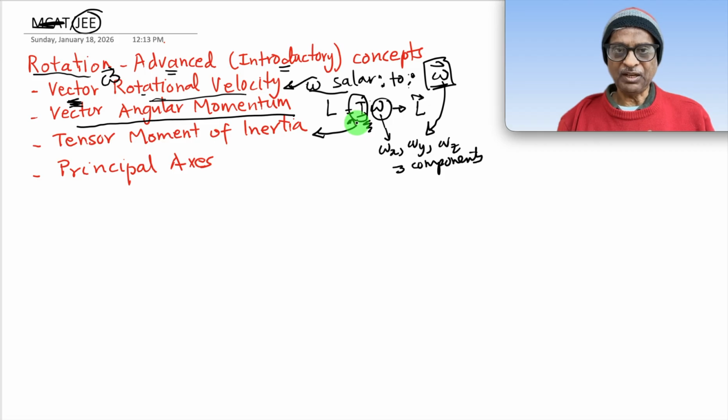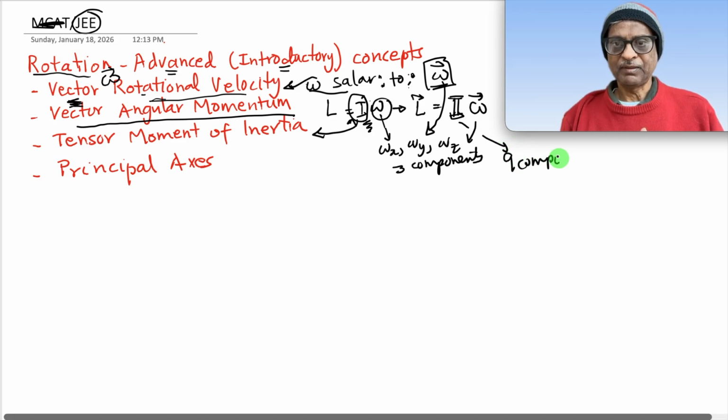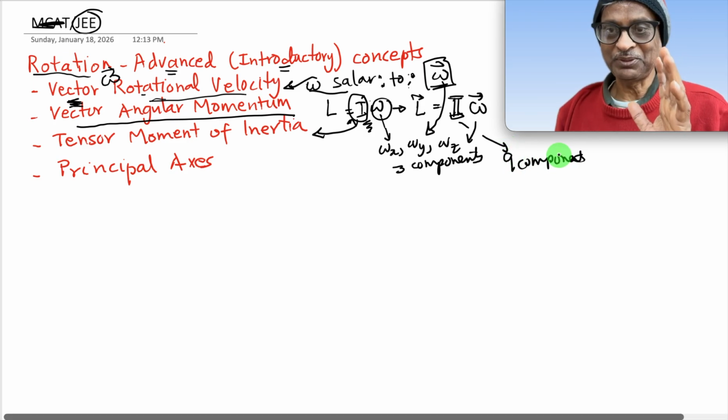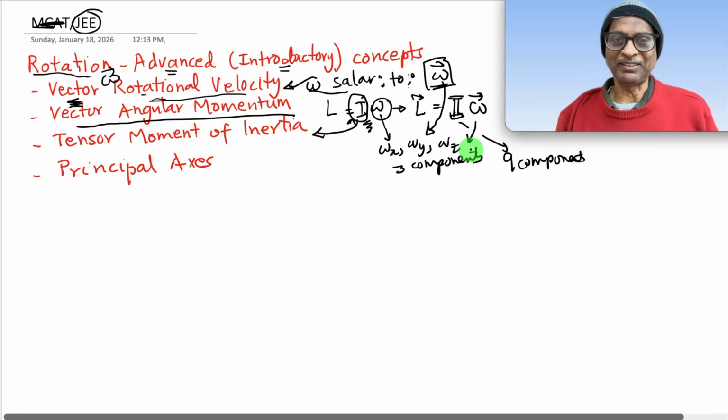But so when you replace this with some new bold I, and omega, which has 3 components, then this guy turns out to be 9 components. So pretty soon it is getting very complex, right?